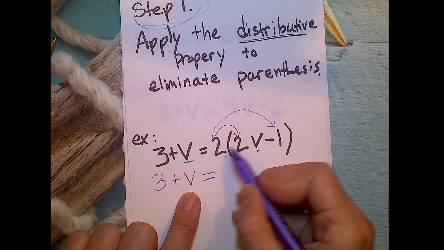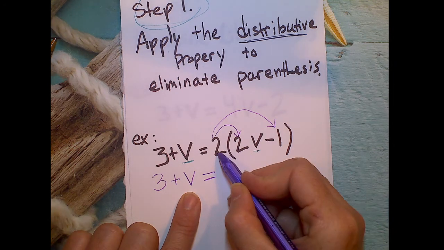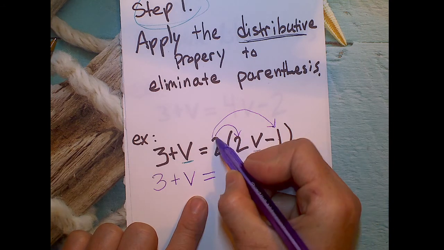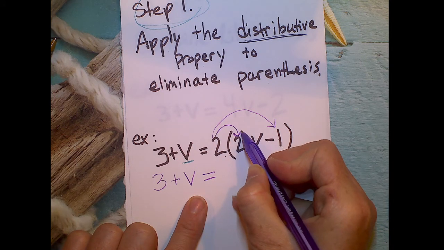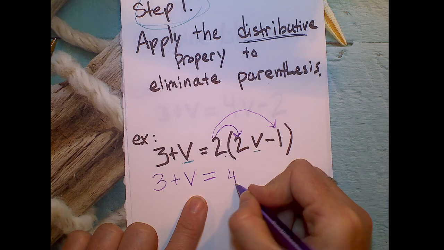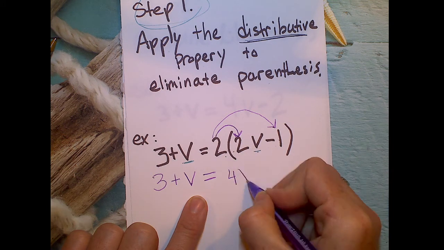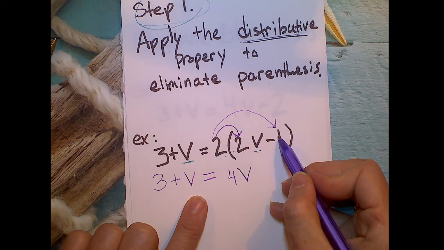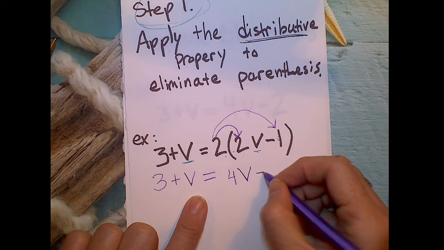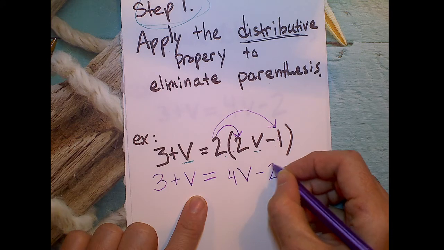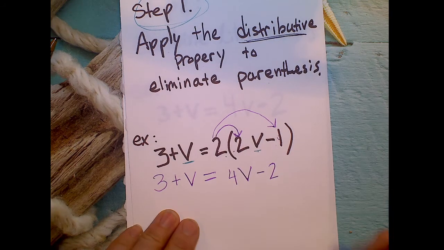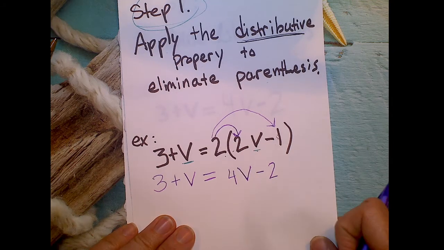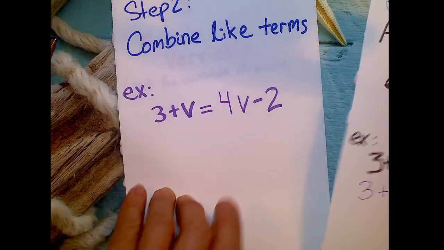And then we distribute 2 because the 2 next to the parentheses automatically means multiplication. Okay, 2 times 2 is 4, so that's 4v. And 2 times the negative 1 is minus 2. Okay, as simple as that. Now we have gotten rid of the parentheses, and we are ready for step 2.